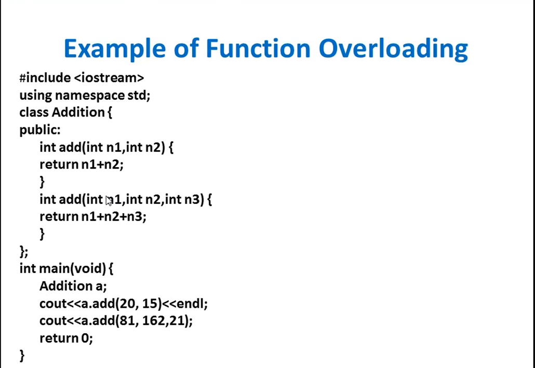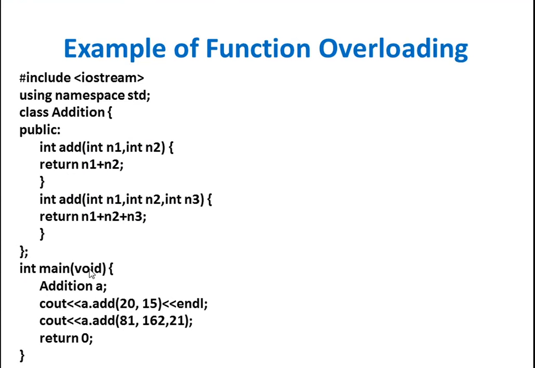Here n1, n2 and n3 means we are using three integer parameters. Here only two parameters are passed, but there three parameters are passed. The name of the function is the same, that's what is called function overloading, but with different parameters your compiler recognizes these as two different functions, and this function returns n1 plus n2 plus n3.